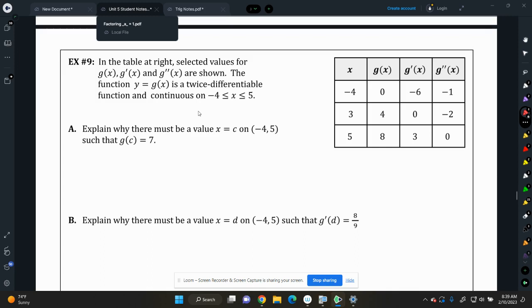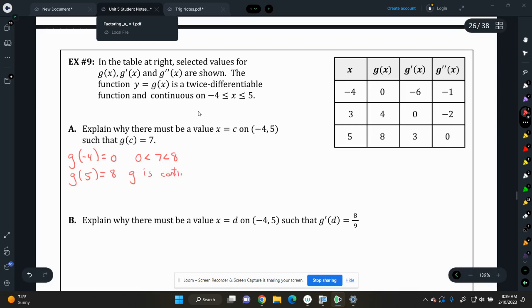Okay, so let's see. We're going to say g of -4 equals 0. g of 5 is equal to 8, right? 7 is between 0 and 8. g is continuous because it's differentiable, right?